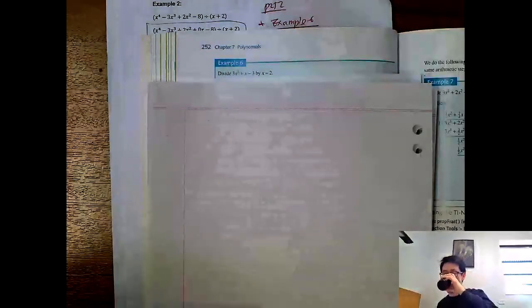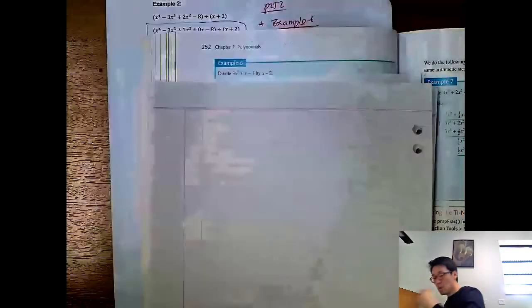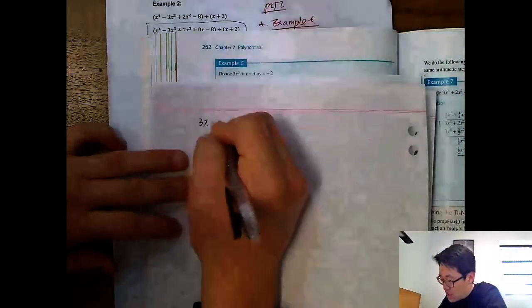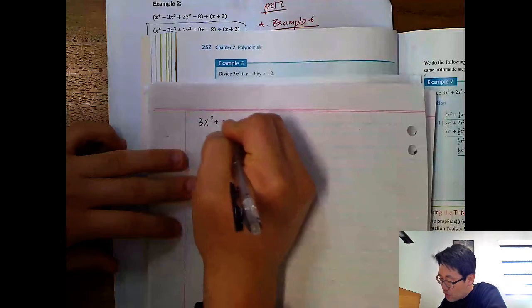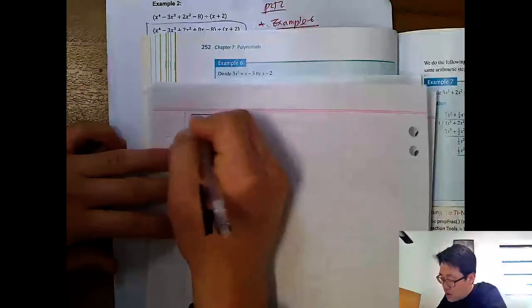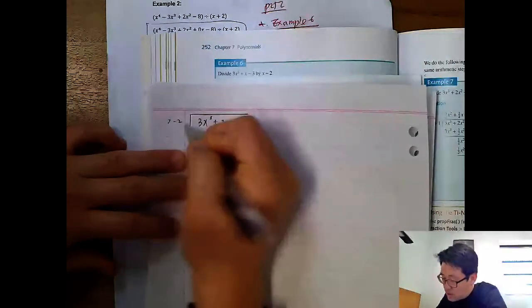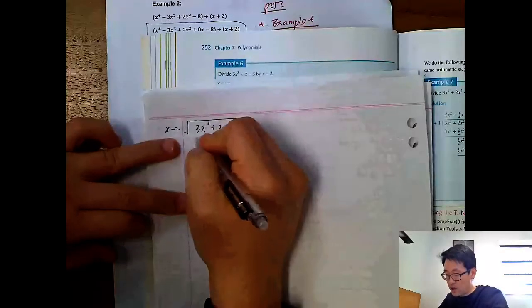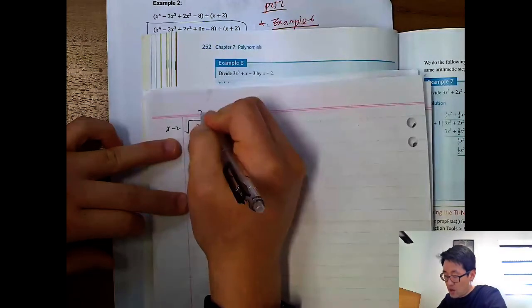All right. Let's try this question together. Rather than using any special technique, I'll just write down 3x cubed plus x minus 3, and then the divisor x minus 2. How can I make 3x cubed?